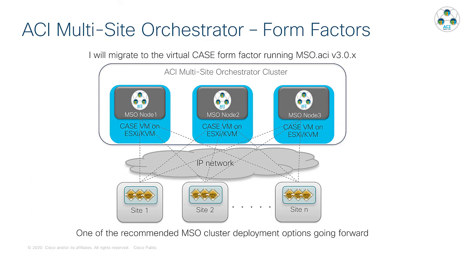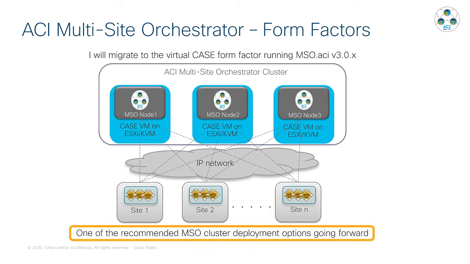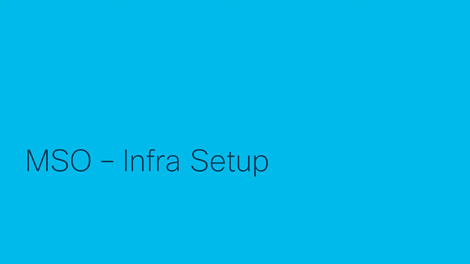Now this is a newer architecture that's running on the application services engine, and in my particular case I'm running the virtual application services engine, and then I install the MSO.ACI app on top of that. Going forward, this will be the recommended way that you deploy MSO, so I wanted to show it to you in this demo.